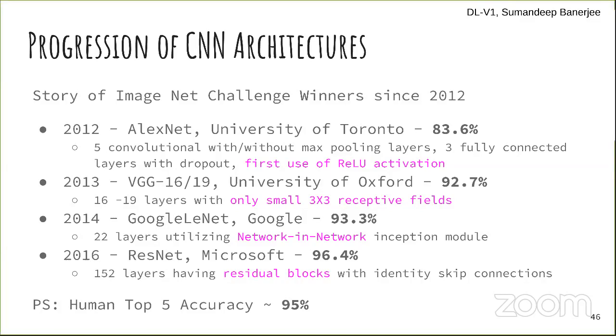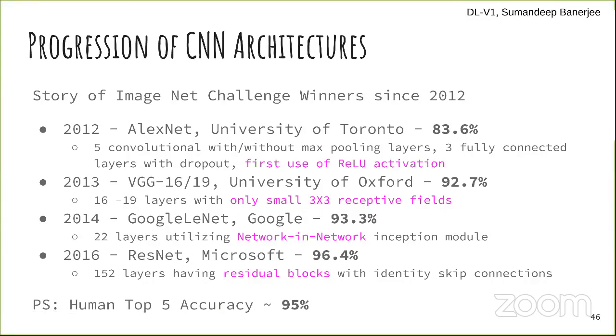And then Microsoft people came up with an important concept of residual blocks, which are skip connections, which we'll discuss in a few slides. And that had a humongous 152 layers. That was the result which actually beat the human performance. In the ImageNet challenge, given the input images, with human manual testing we are only able to get about 95% accuracy.